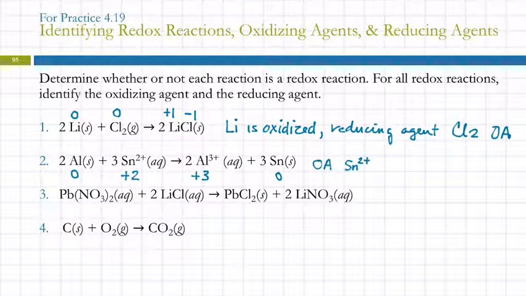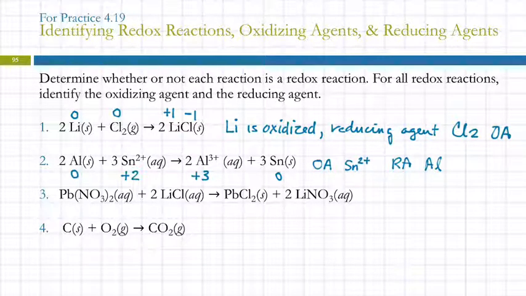The oxidizing agent isn't oxidized. It arranges for something else to be oxidized. The reducing agent, then, is the aluminum. The aluminum is oxidized. It's the reducing agent. I hate even having to tell you about this. It's just really kind of confusing, isn't it?